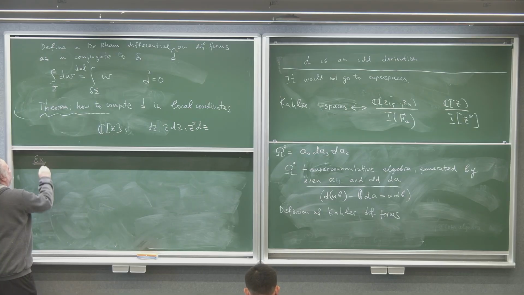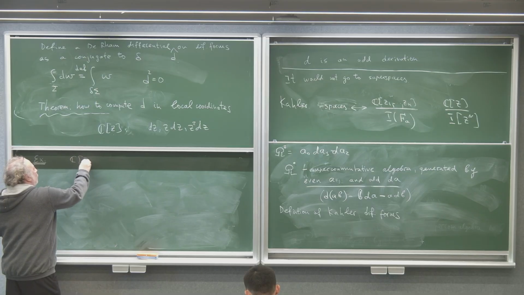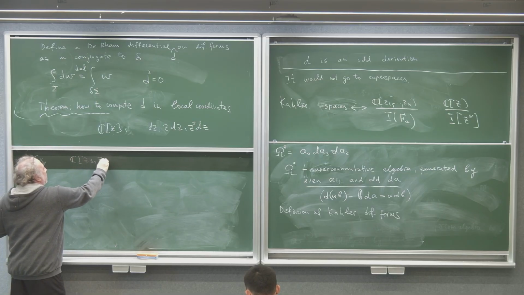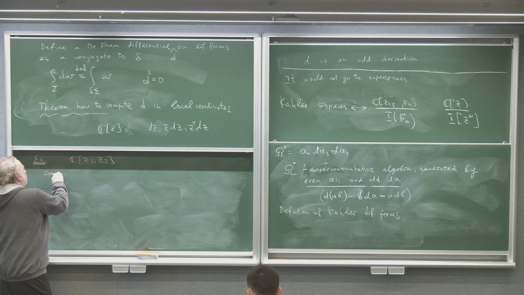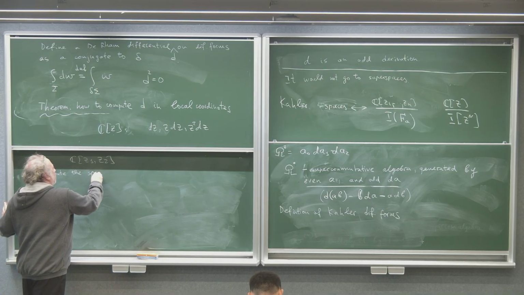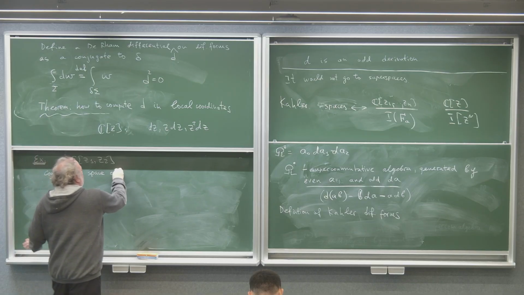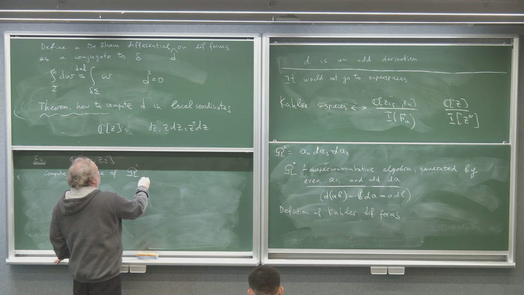Consider C[v1, v2]. Compute the space of differential forms.